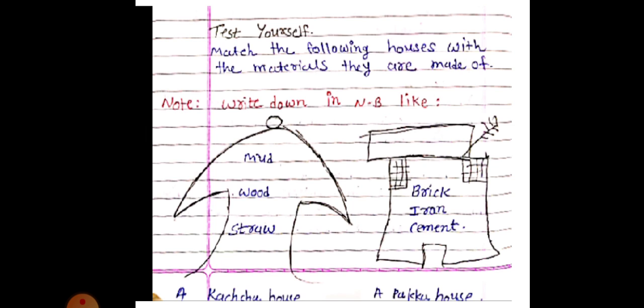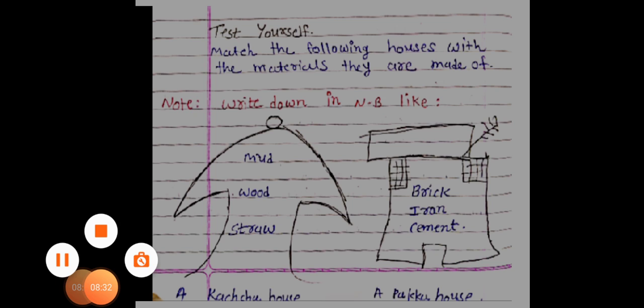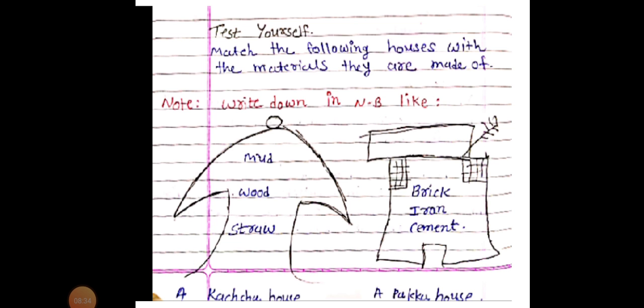Okay dear students, we will meet in our next lesson, that is chapter number 5, Our Clothes, in the next video. Up to now you have to complete your textbook exercise. In the previous video I showed you the activity also, the rooms: drawing room, dining room, study room, bedroom, bathroom and kitchen.